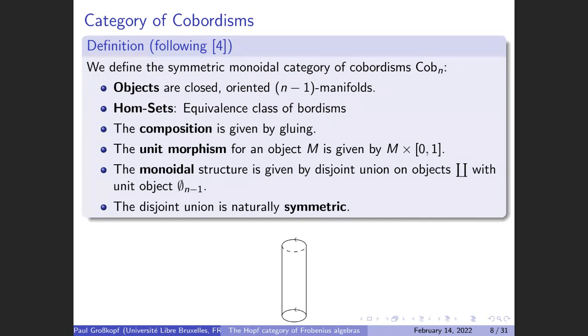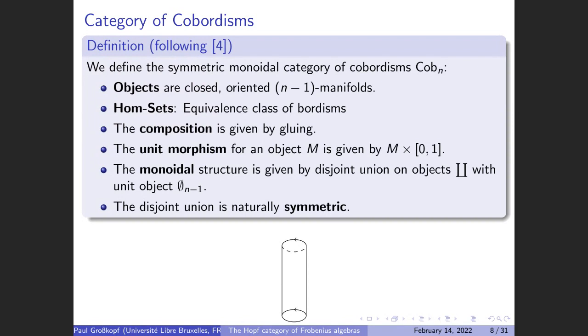And the last thing we see here is that this monoidal structure is naturally symmetric. We can just switch around the disjoint union and see that we have a symmetric structure on it. So altogether this is the category of n-dimensional cobordisms, and it forms a symmetric monoidal category.